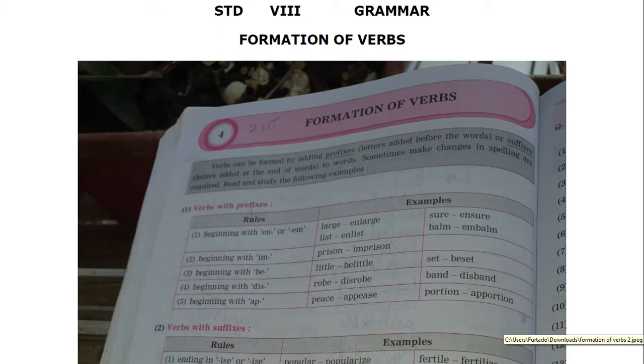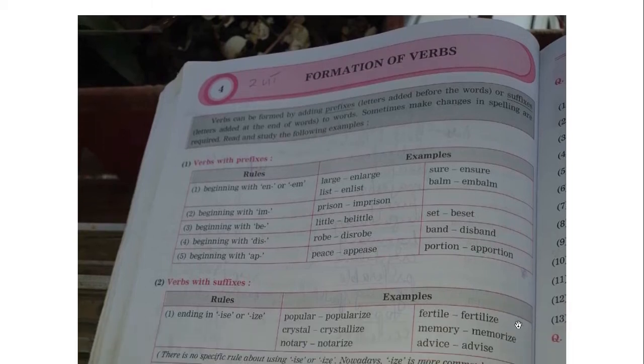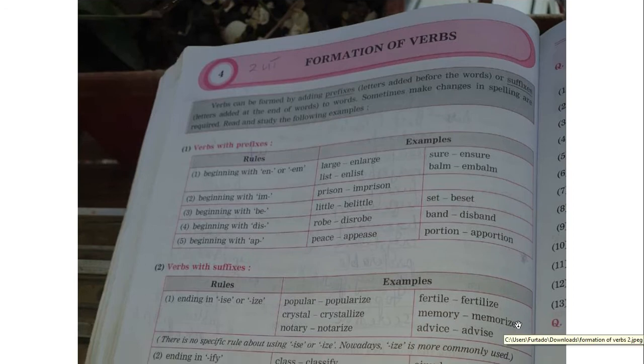Write verbs with prefixes beginning with en or em. So, large becomes enlarge, list becomes enlist, sure becomes ensure, balm becomes embalm. Now, what is embalm? Balm here, when you get body pain, someone applies a balm for you, correct? But you're not talking of that balm for your body pain.